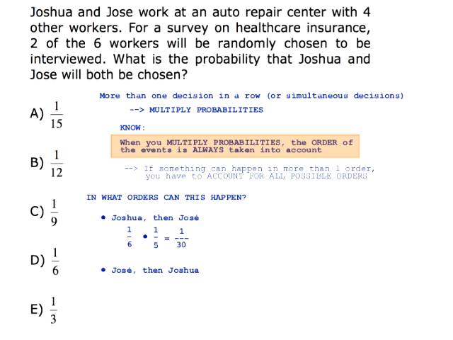And then it's going to be the same type of calculation here with the other order. So this time the probability of picking Jose is 1 out of 6. And the probability of picking Joshua is 1 out of 5. So we've actually got the same work again. Well, that's pretty neat.